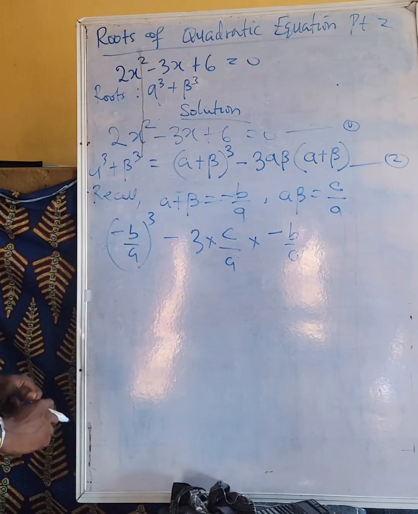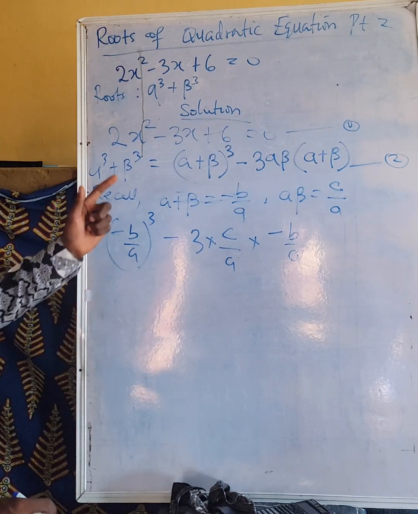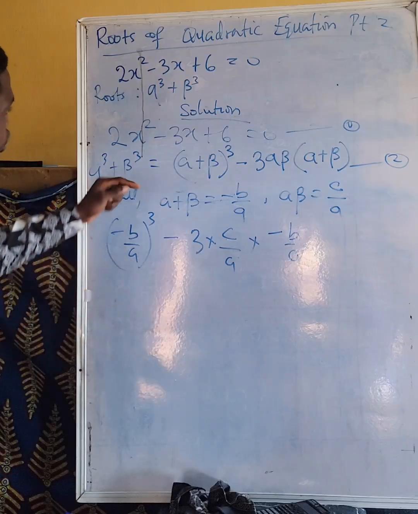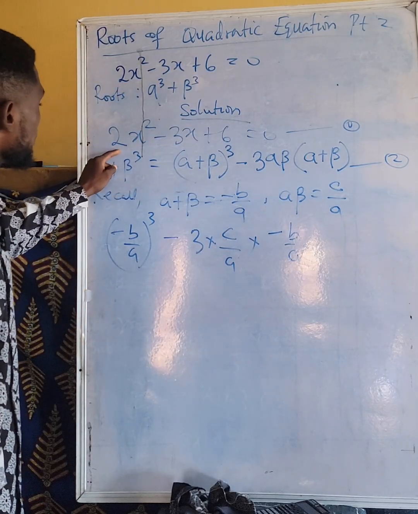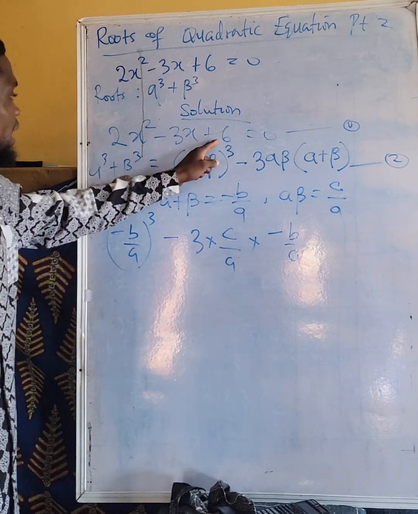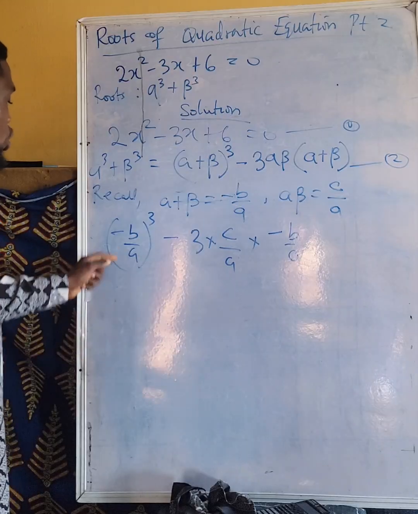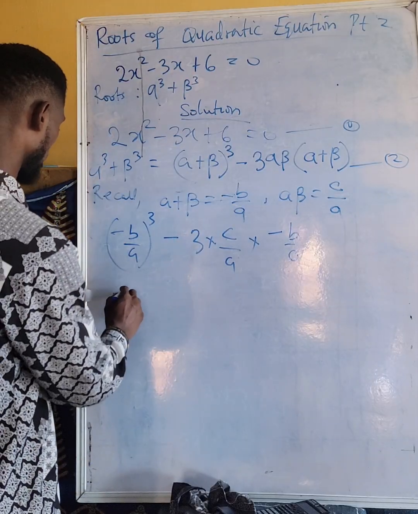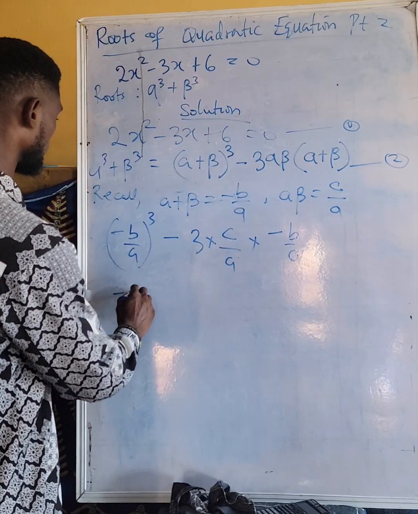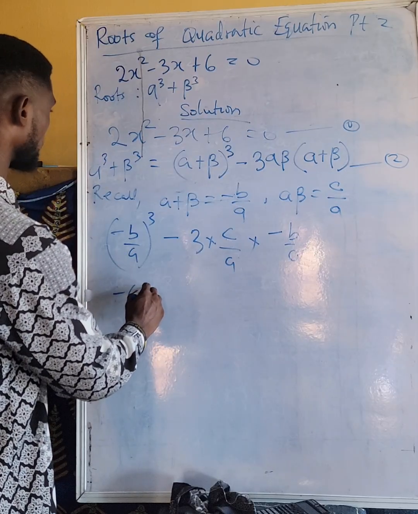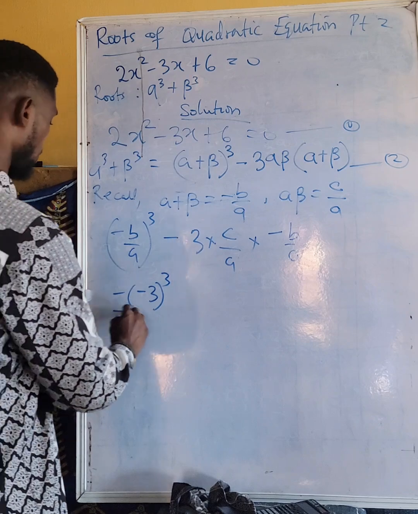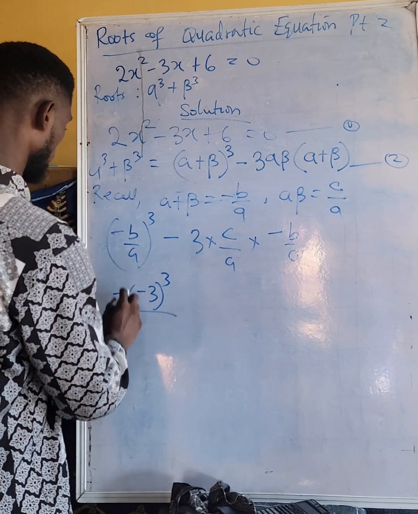If you can remember from the quadratic equation, which is a x square plus bx plus c is equal to 0, here our a is 2, b is minus 3, and c is plus 6. So replace them here. If b is minus 3, we have minus bracket minus 3 in cube over a.